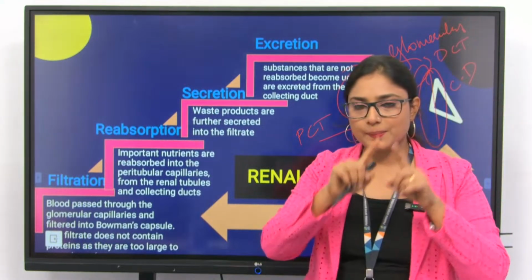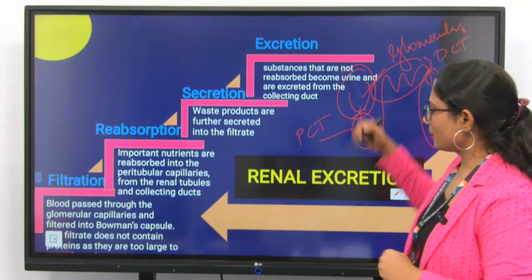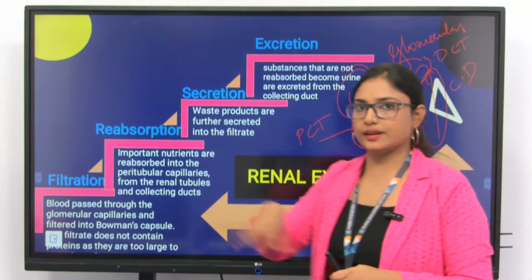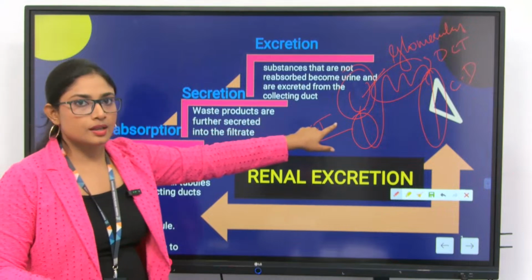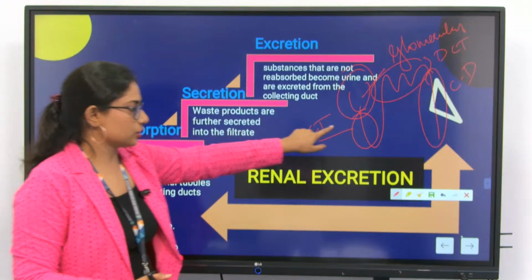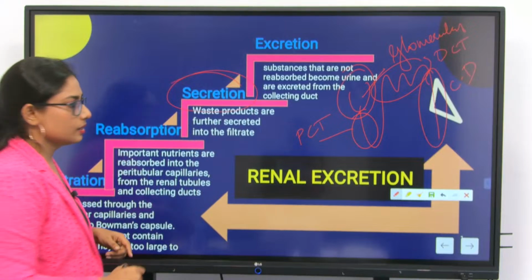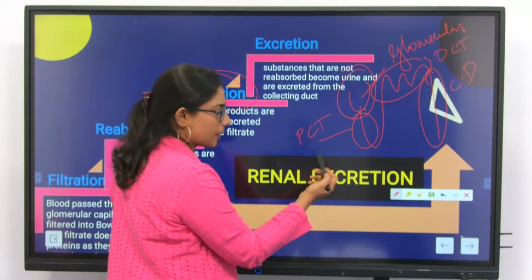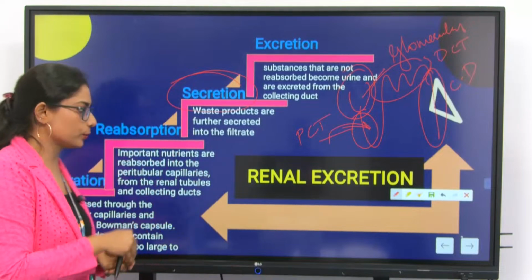There are many processes for the final formation of urine. Normally the whole blood from the body gets filtered through the glomerular filter, and after filtration comes the secretion step, where waste products are secreted into the proximal convoluted tubule.